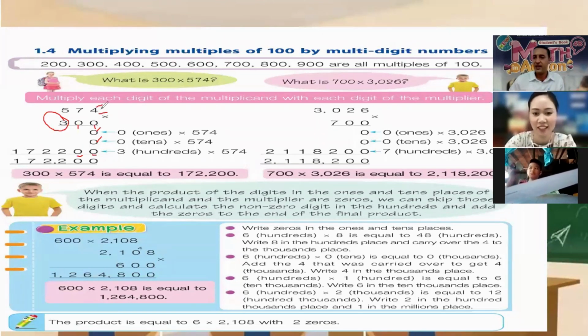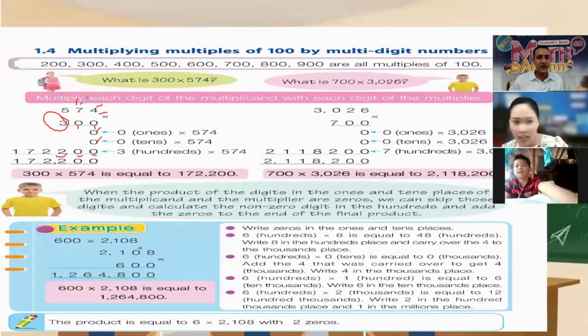At the place 1 we have 4, right? So 3 into 4. 3 into 4 becomes how much? 3 into 4 becomes 12, right? So 2 we're going to write at the 100 place, and 1 we are going to carry over to the place 10.